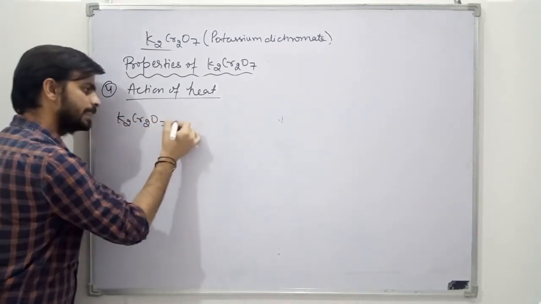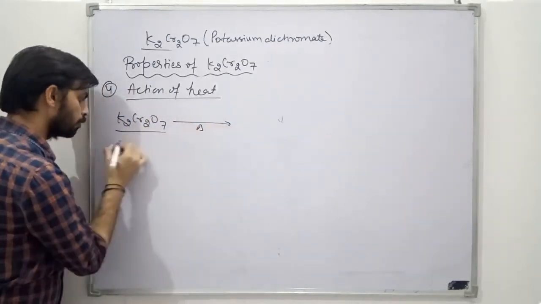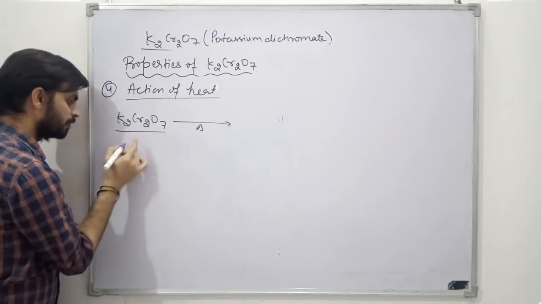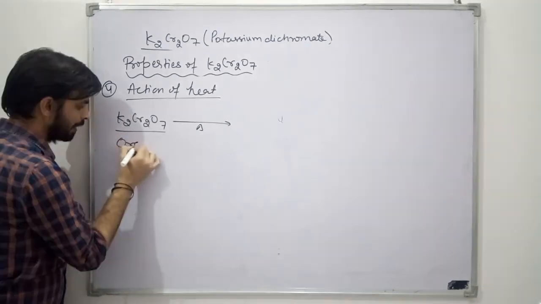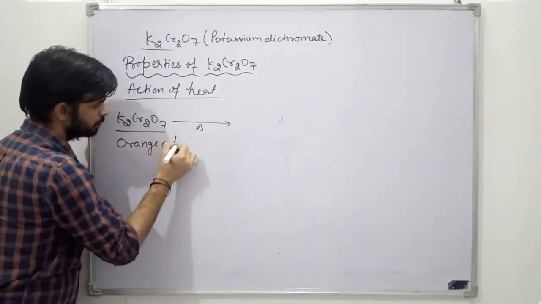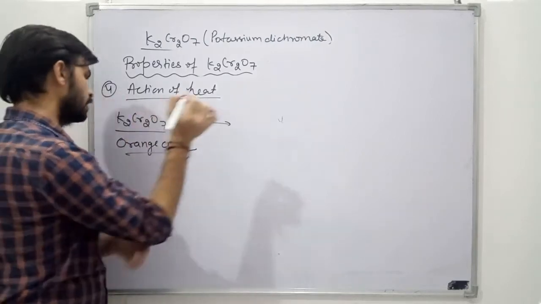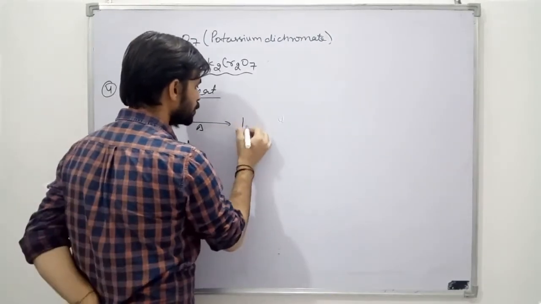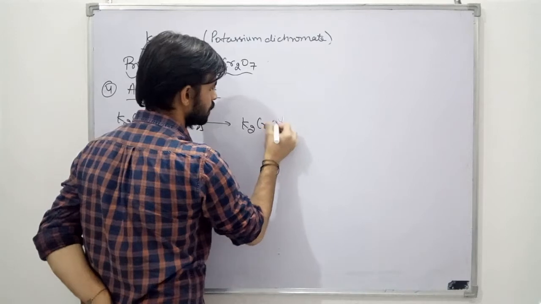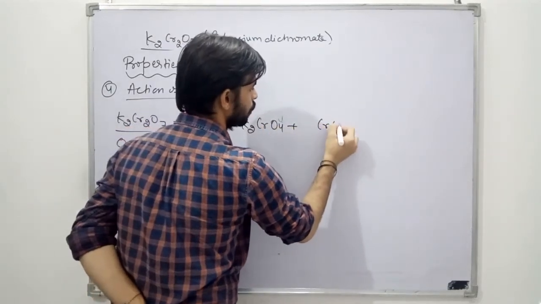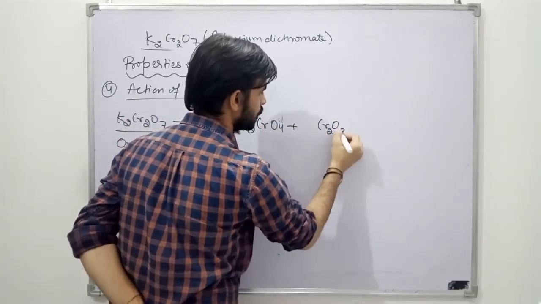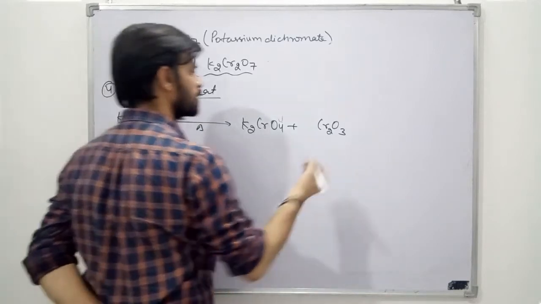K2Cr2O7, potassium dichromate, which is of orange color, when it is heated, it is converted into potassium chromate, that is K2CrO4, plus chromic oxide Cr2O3, plus oxygen.